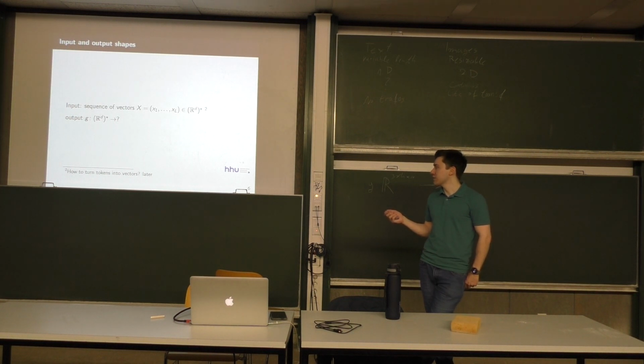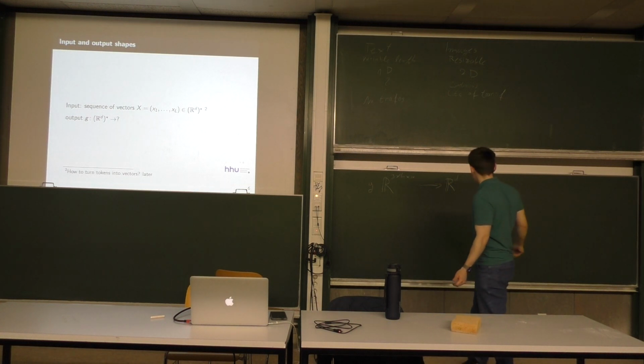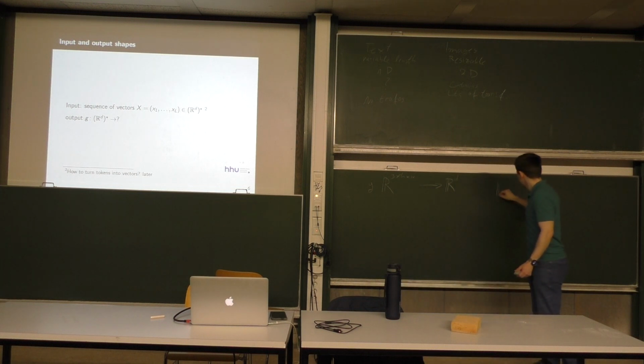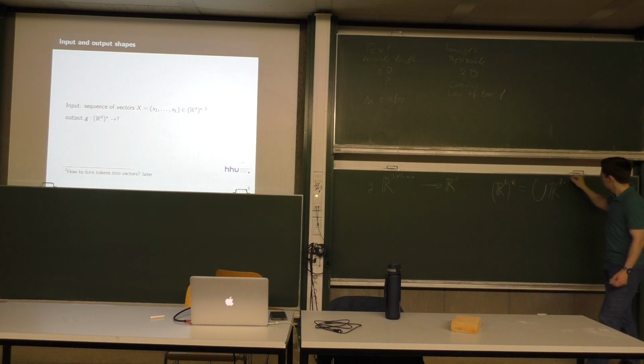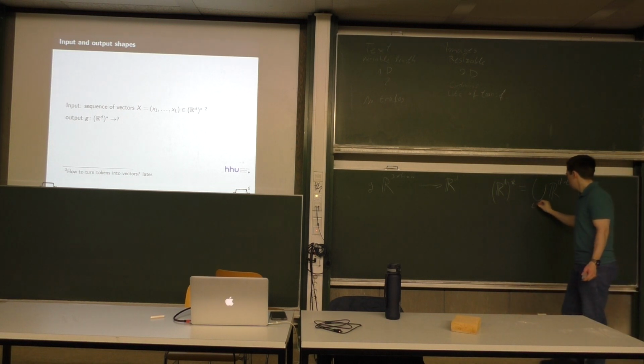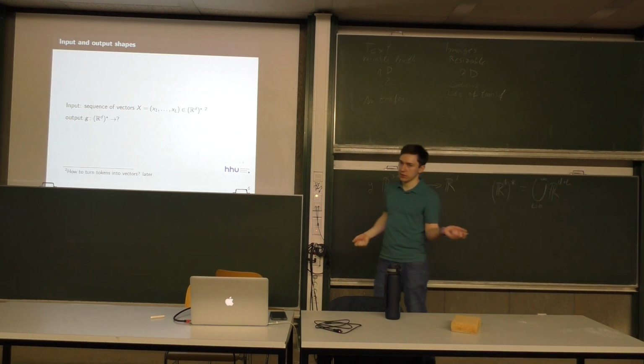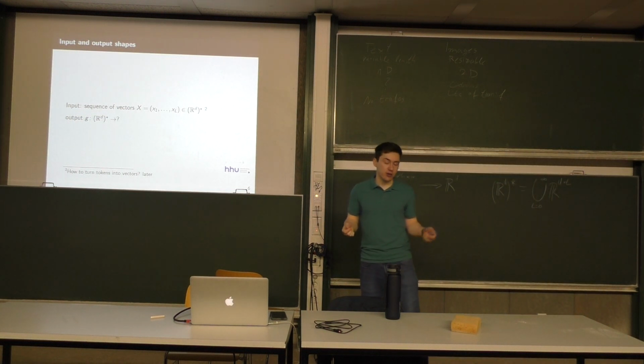R^d star is the set of all vector lists of different length. It's like the union of R^d times L for L from 0 to infinity. That's what our input is: a sequence of vectors of arbitrary length.